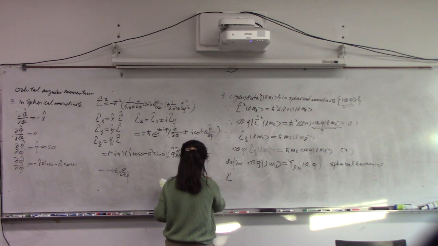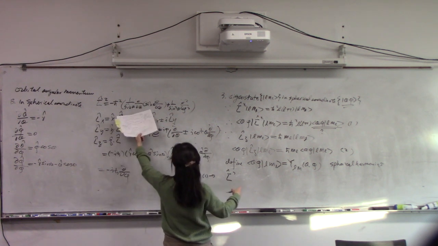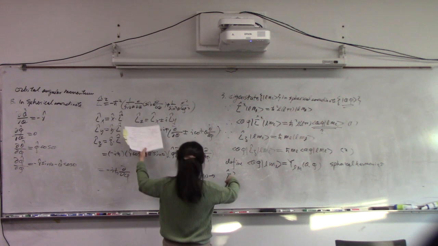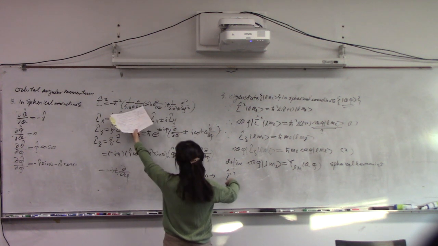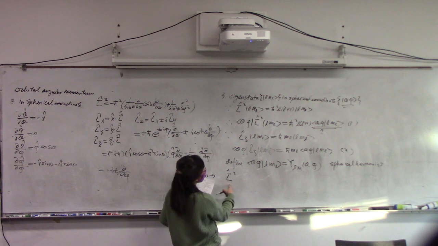So when we do this, these two equations become as follows. Equation 1 is L square in the position representation. This spherical coordinate expression, later I'm going to substitute it in, but for now just keep in mind it is already in spherical coordinates.